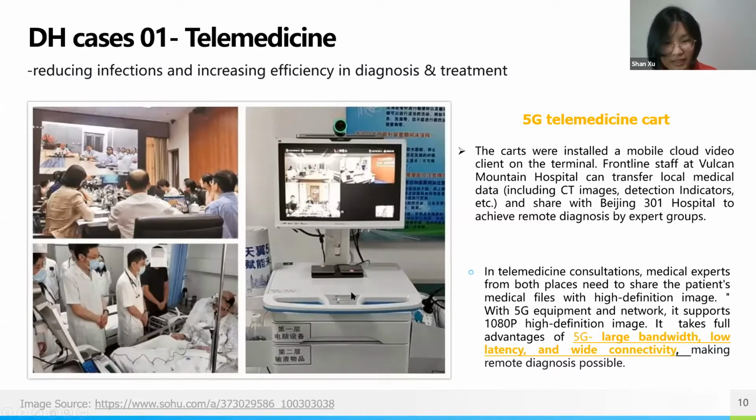So in the use cases with 5G, experts from both sides, as we can see in the picture, could share the patient's medical files with high definition images, and it could definitely enlarge the supply of frontline expertise and also effectively reduce the infection of medical workers.